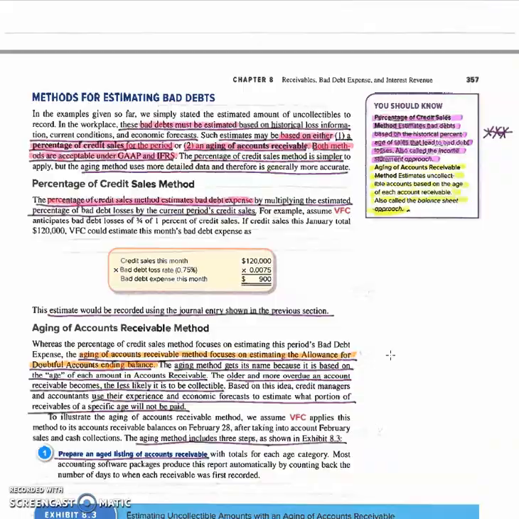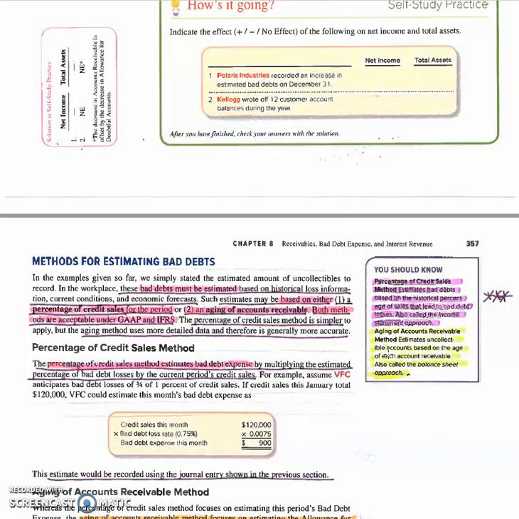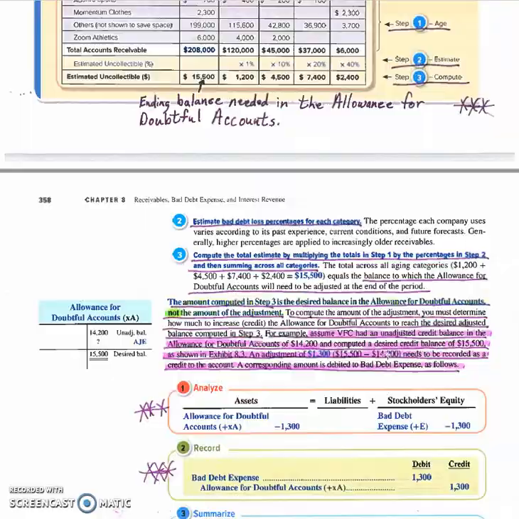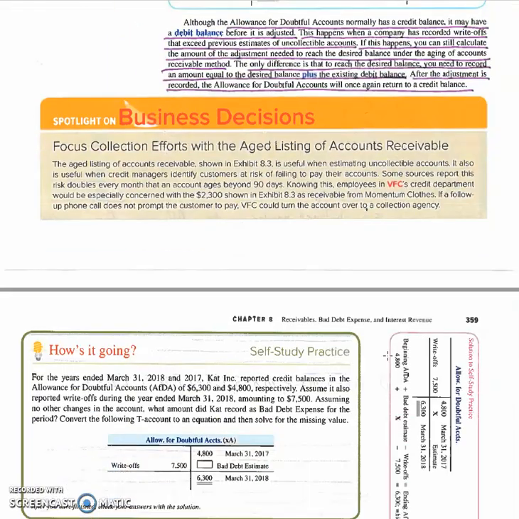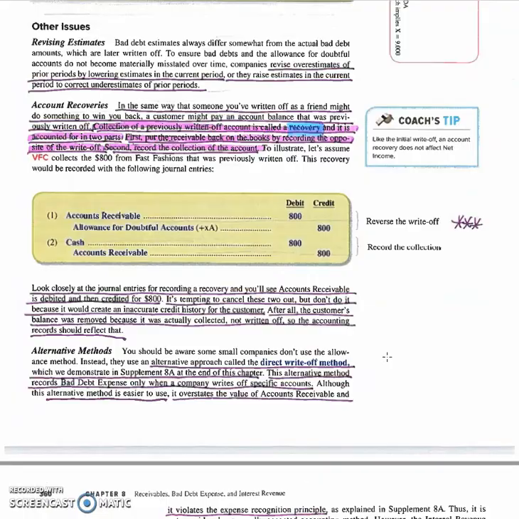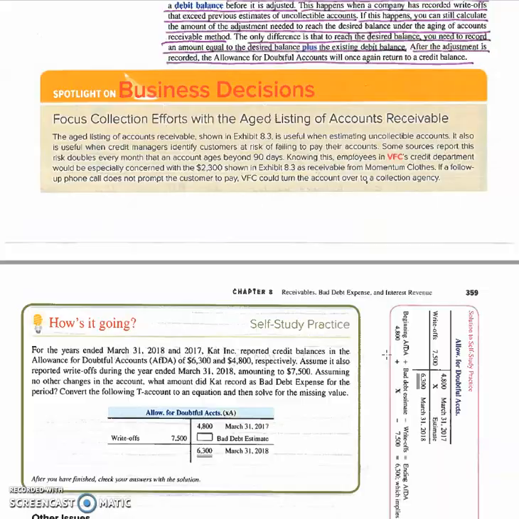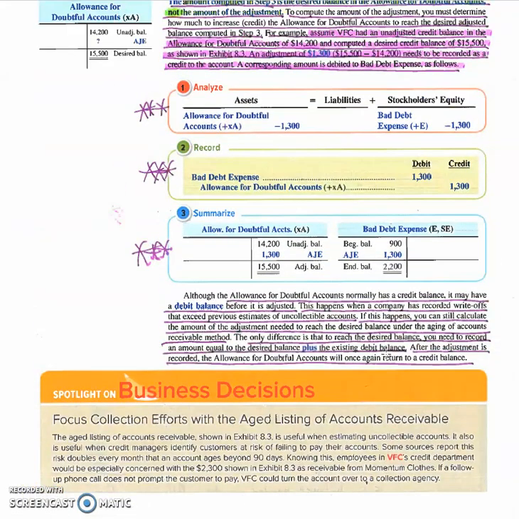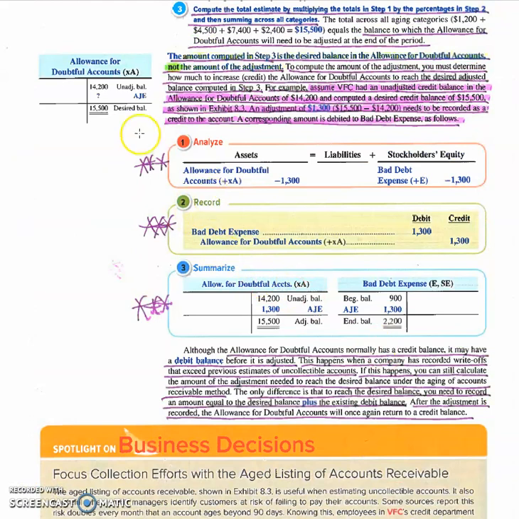Now, that's from, see if I can find it. Well, sorry about this. Here we go. So there was our allowance account balance.